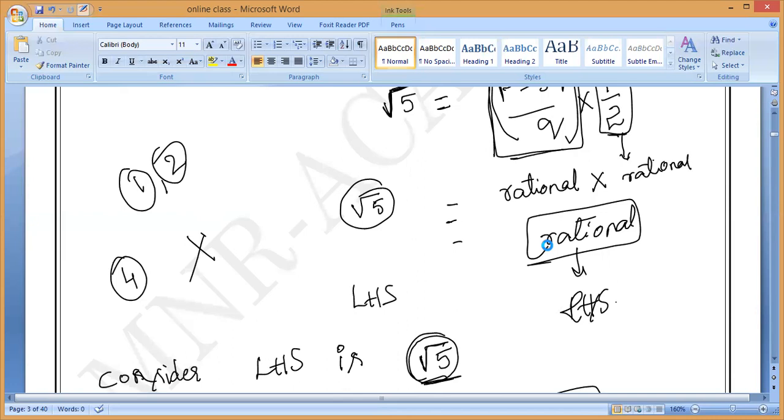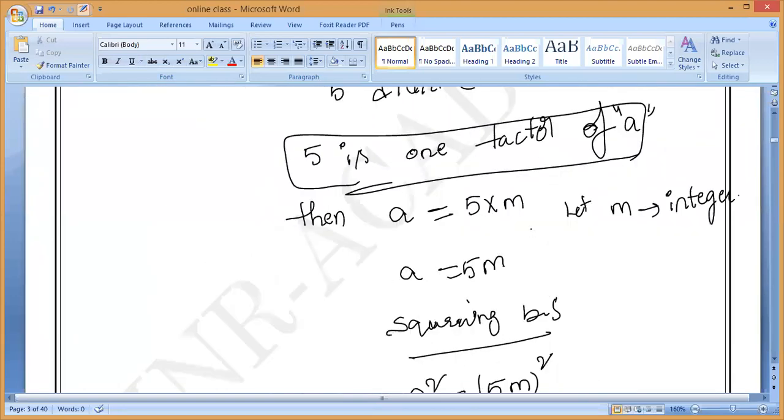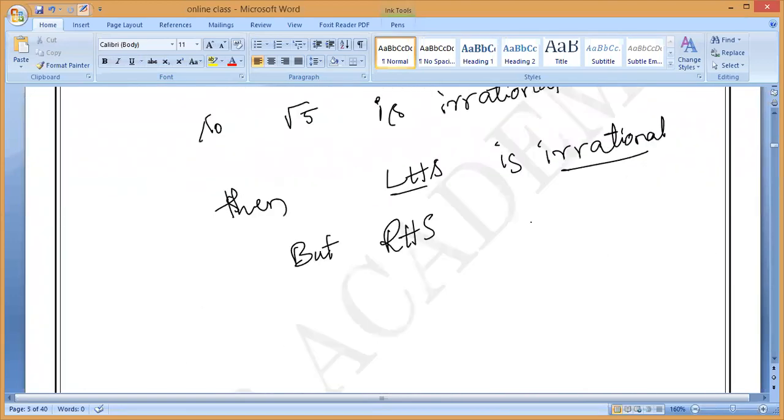Rational. So LHS equals RHS or LHS not equal to RHS? LHS is not equal to RHS.